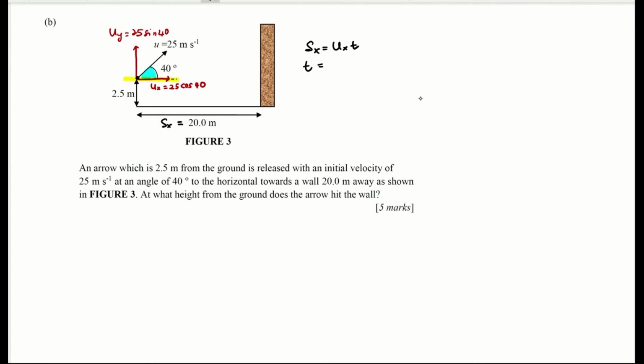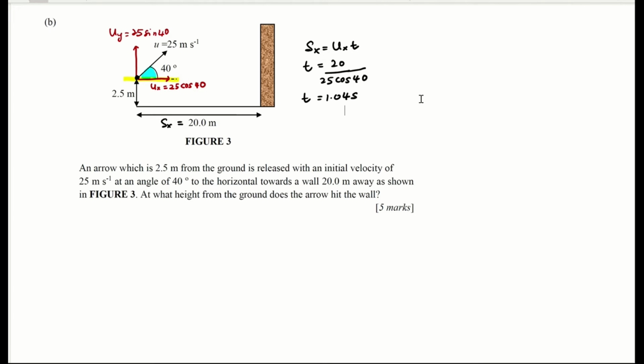So sebab kita ada maklumat sx which is 20 meter, ux is equal to 25 cos 40. Okay, so kalau kita tekan calculator, masa yang diambil daripada launching point dekat sini tadi sampai dia terkena pada dinding which is 20 meter away from the launching point, it is equal to 1.04 second.